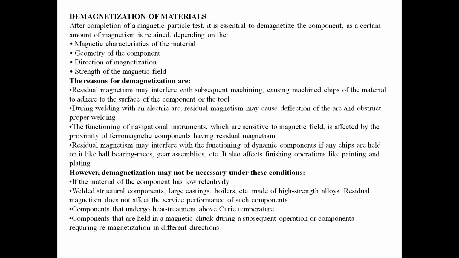These four parameters are important to observe for demagnetization: magnetic characteristics of material, geometry of component, direction of magnetization, and strength of magnetic field.